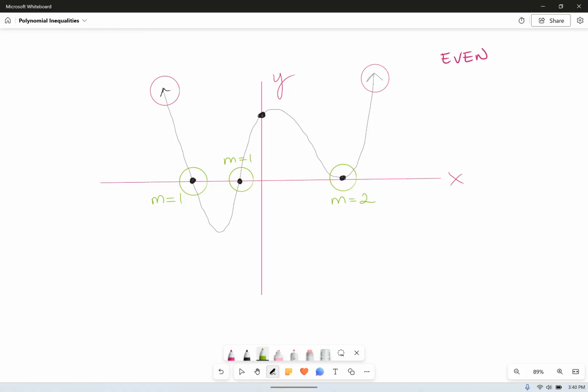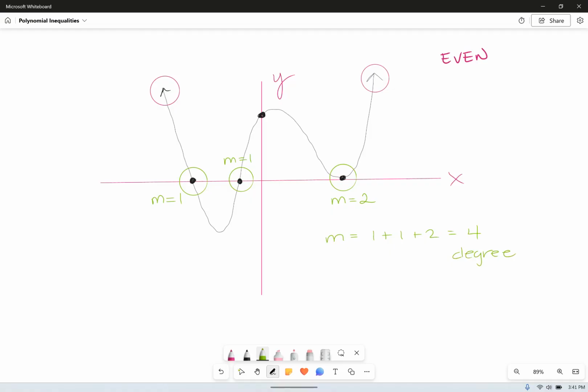Okay? So if you notice, just for an example here, if you add those multiplicities of 1 plus 1 plus 2, it just so happens that it has a degree of 4. Anytime you add multiplicities, that tells you what the degree of your polynomial is going to be.